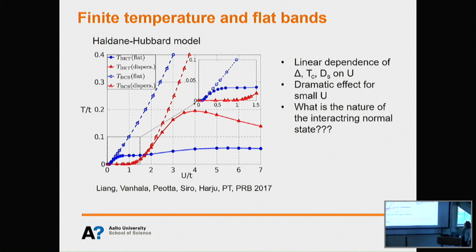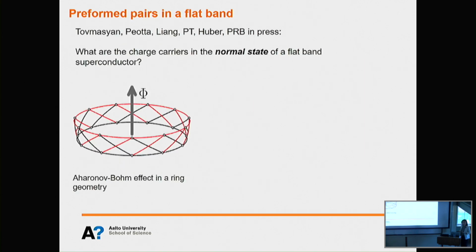So this, of course, then makes one ask what happens above these critical temperatures. Do we know something about the normal state? We have one study about that, where we looked at what happens in this type of Creutz lattice when we put a flux in it.